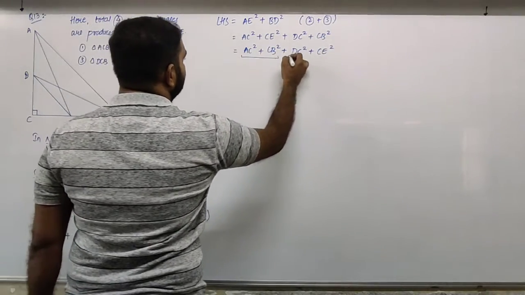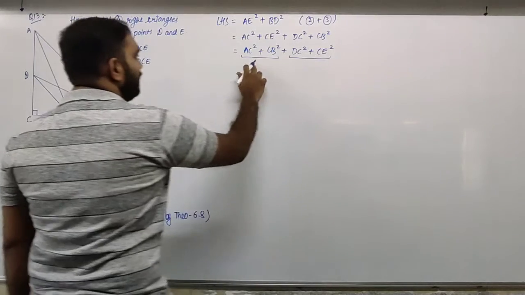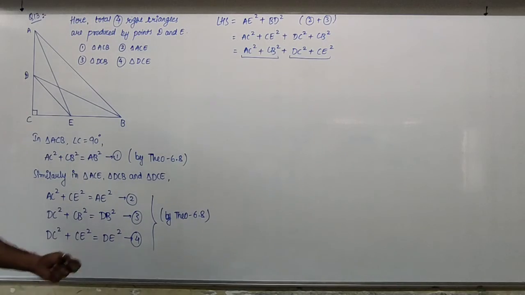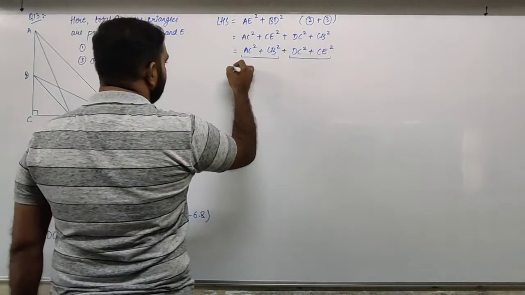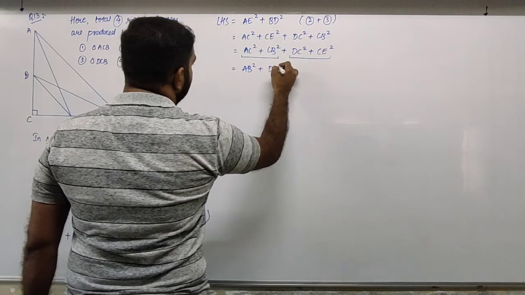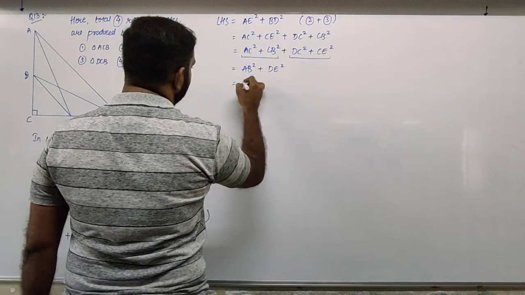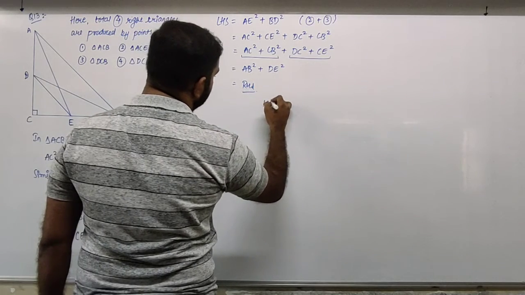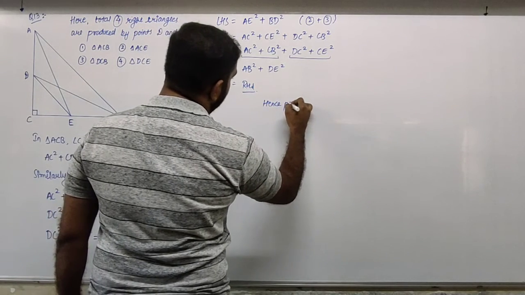Now check it. What is AC square plus CB square? AC square plus CB square is AB square, and DC square plus CE square is DE square, that is AB square plus DE square, that is your RHS. Hence true.